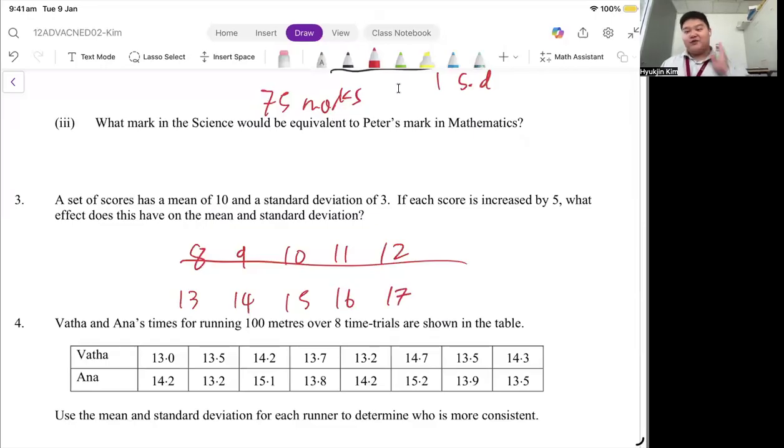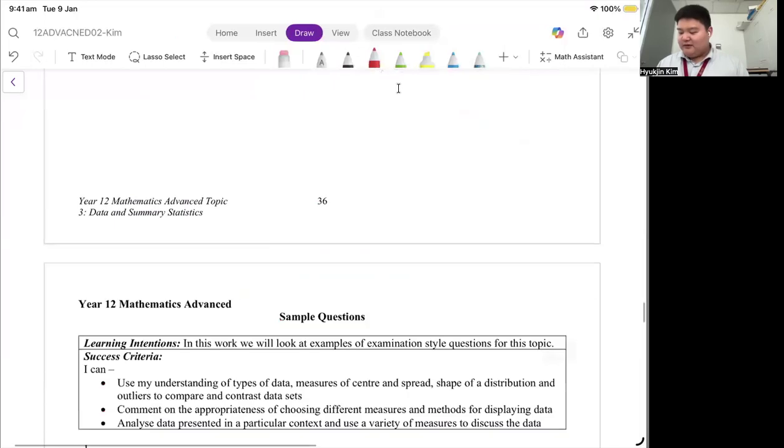Notice how the average would have gone up by 5 because every score went up by 5, but did the spread change? They're all 1 or 2 marks away from the middle. So mean increases by 5, SD remains. Okay.